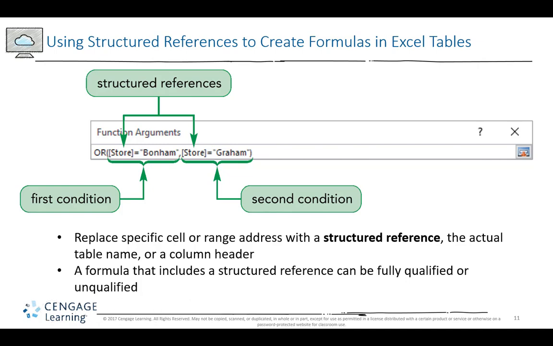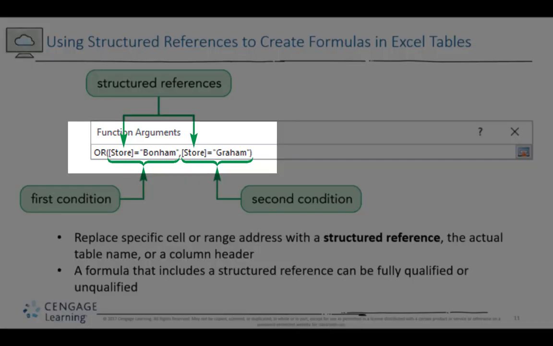We should be using structured references when we create formulas in our Excel table. It makes them much more readable. Here is an example of that, using an OR to check the store value set to either Bonham or Graham.